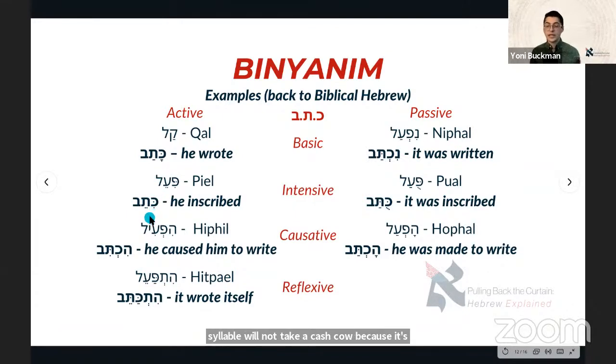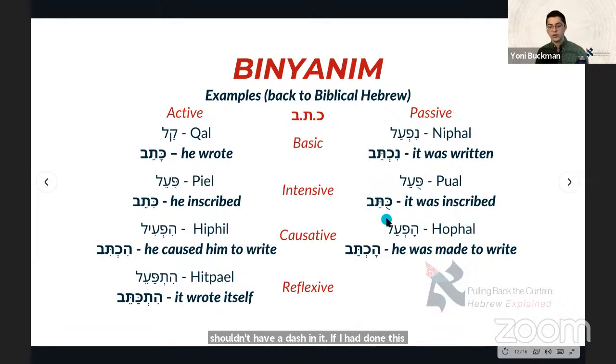The same should be true in kitev, but if I had made the slide correctly, it would have a dagesh in there. And that's a giveaway that the dagesh is a dagesh chazak, because the ki syllable is also an open syllable. And so the tav shouldn't have a dagesh in it. If I had done this correctly, there would be a dagesh chazak in there.